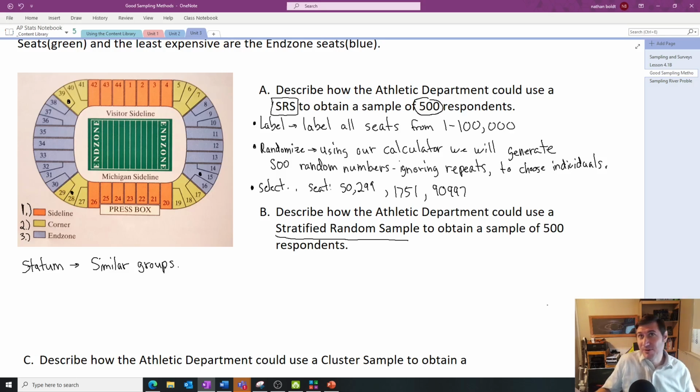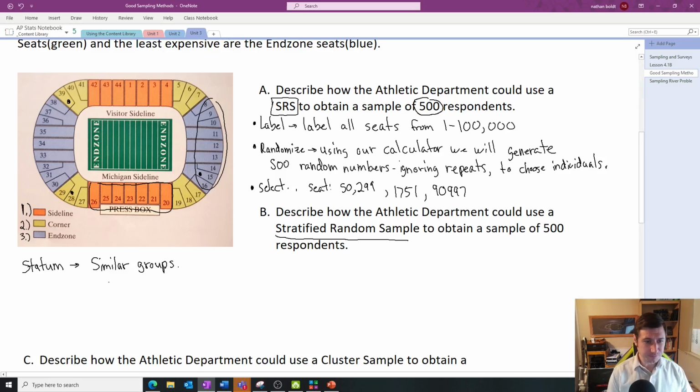It could be reasonable, right? Your high rollers up here might have a different expectation than your low ballers over here. That seems reasonable, and because that seems reasonable, it's not a bad idea.